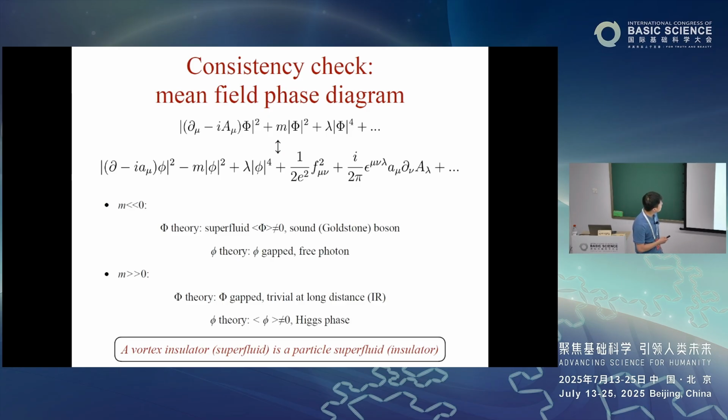The opposite limit is when you have a negative mass on the O(2) Wilson-Fisher side. There you just get a superfluid or XY magnet, where the vacuum is no longer trivial because you have the Goldstone boson. And on the Higgs side, you again turn on the opposite mass, which now means a positive mass.